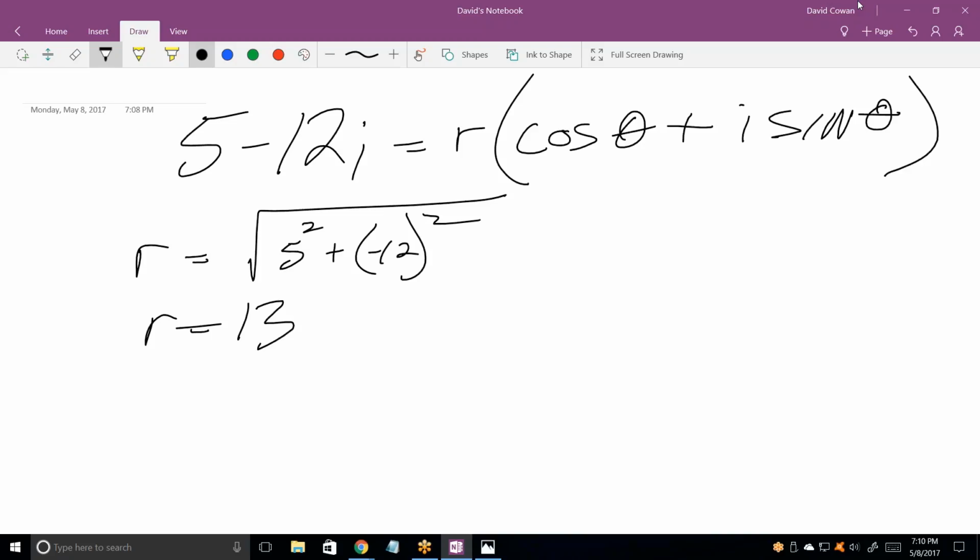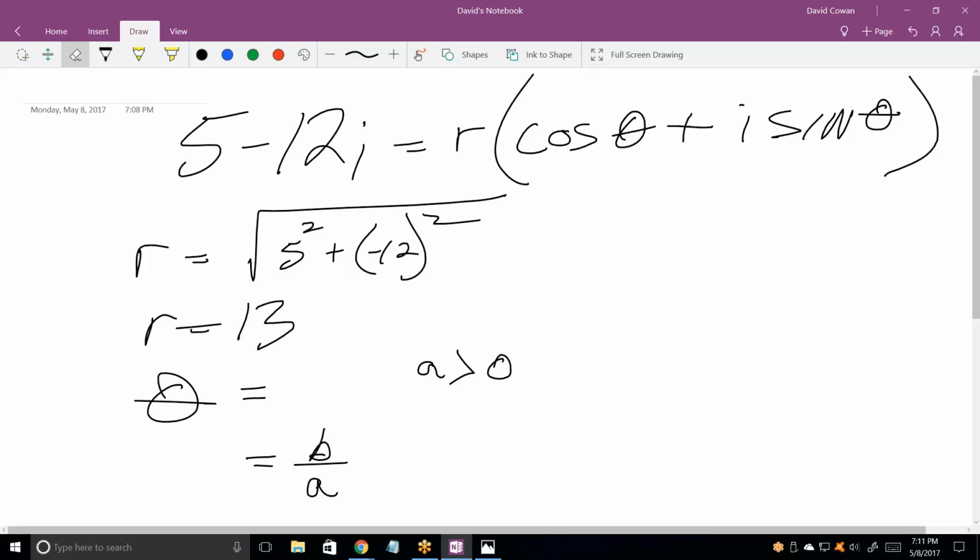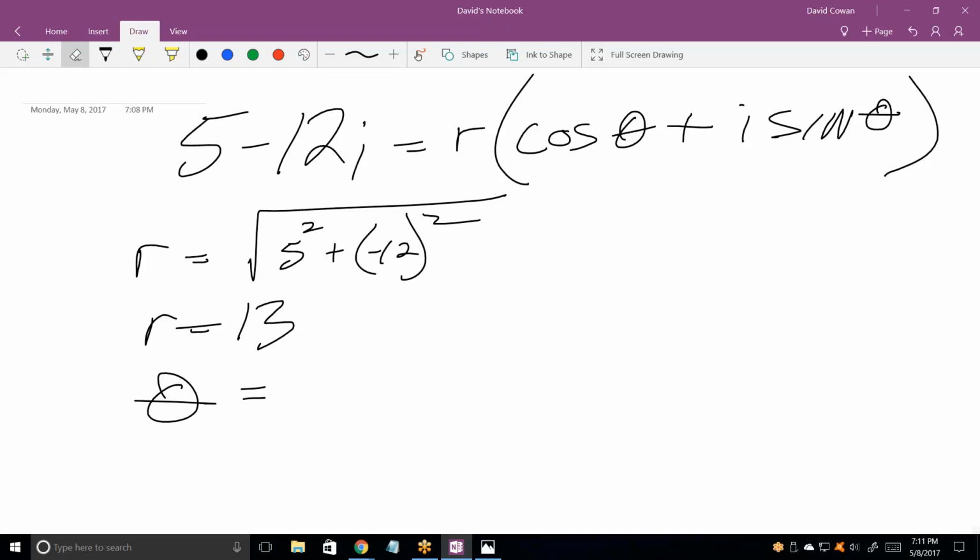Now, what is theta? Because that's the next big question we have to answer. Well, theta is b over a if a is greater than 0. Let me back up a second here.